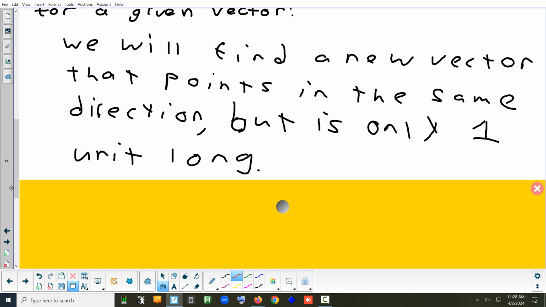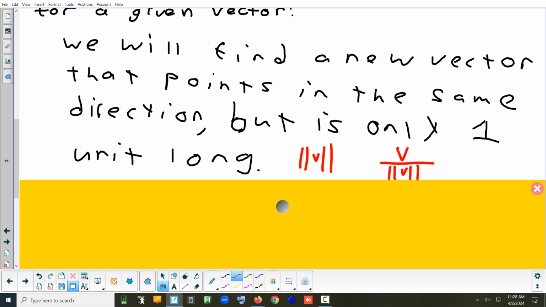And what's the fancy word we use for length? Magnitude. Yep. So let's say you had a vector v, and you want to turn it into a unit vector. You would take the vector itself, and you would divide it by its magnitude. That's how you find a unit vector.